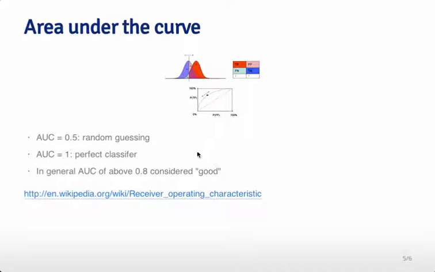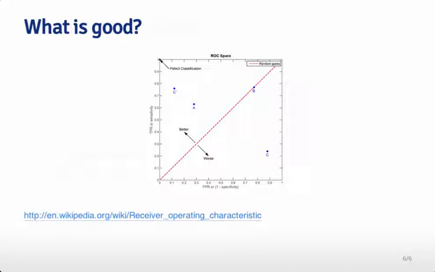AUC of 1 is a perfect classifier. In other words, you get perfect sensitivity and specificity for a certain value of the prediction algorithm, and so that's the perfect classifier. In general, it depends on the field and it depends on the problem you're looking at, but people often think of an AUC above 0.8 to be considered something that's sort of a good AUC of a particular prediction algorithm.